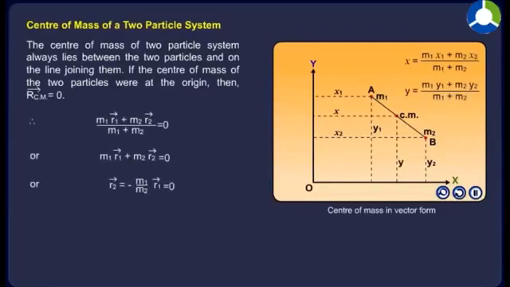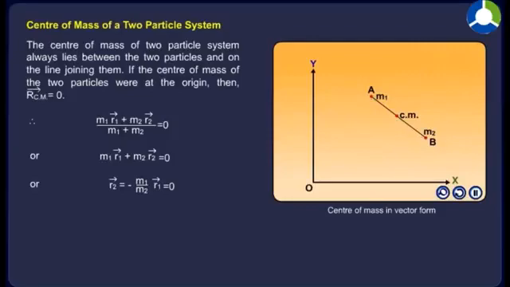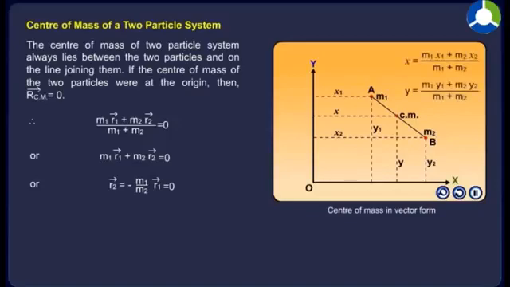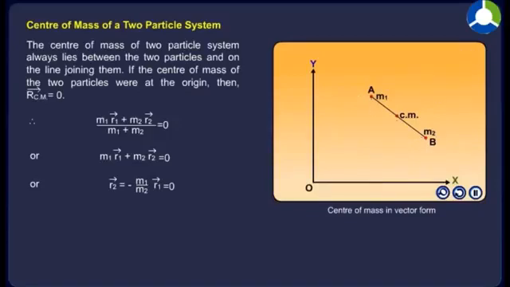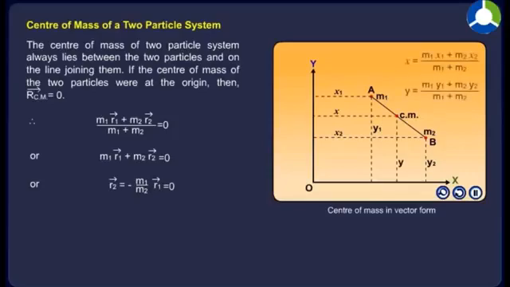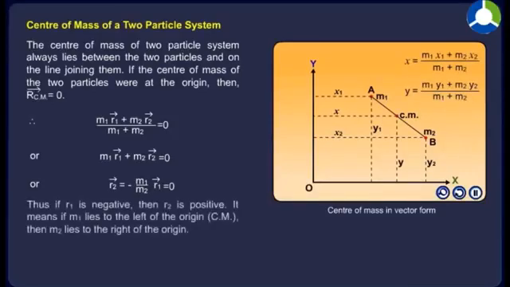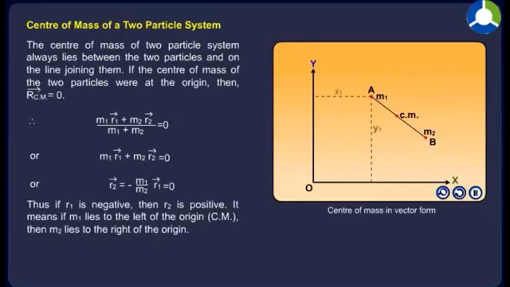Therefore, (m1 vector r1 + m2 vector r2) / (m1 + m2) = 0, or m1 vector r1 + m2 vector r2 = 0, or vector r2 = -(m1/m2) vector r1. Thus, if r1 is negative, then r2 is positive.